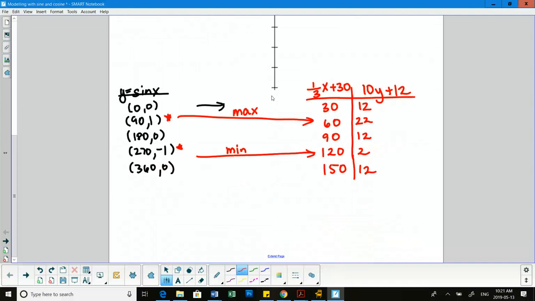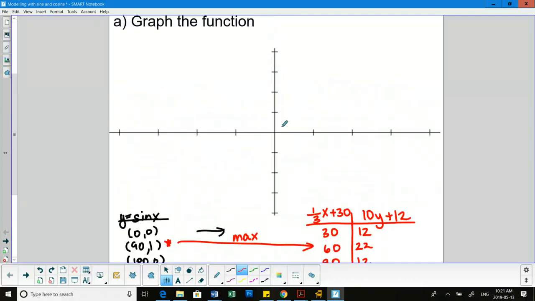So we're going to go ahead and graph this. I'm just going to make sure that I can get up to 22 on here. So perhaps we would do 5, 10, 15, 20, and then maybe just extend this a little tiny bit. And then maybe this would be our 25. That's easy enough to extend.